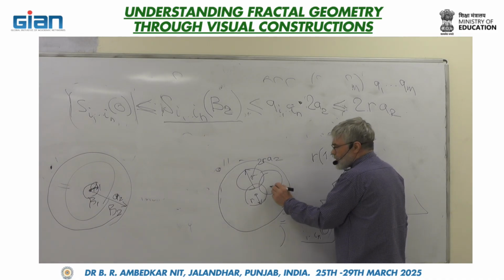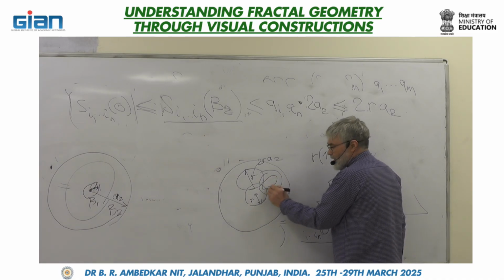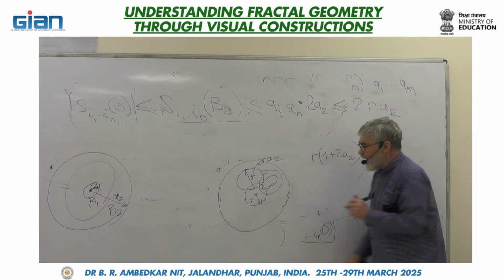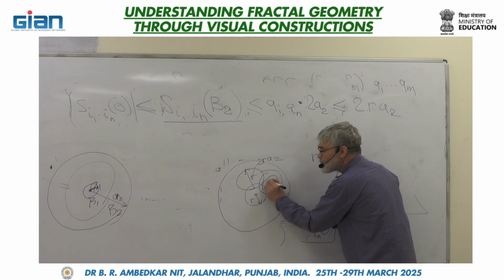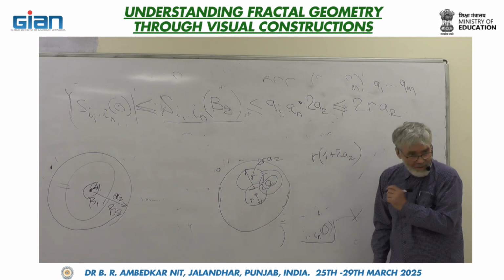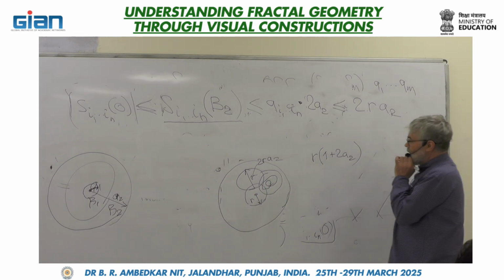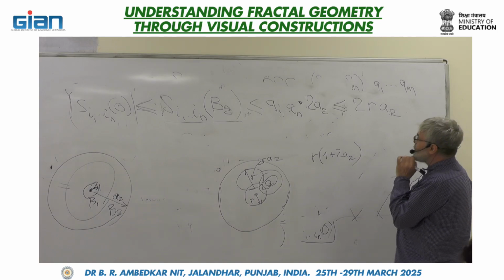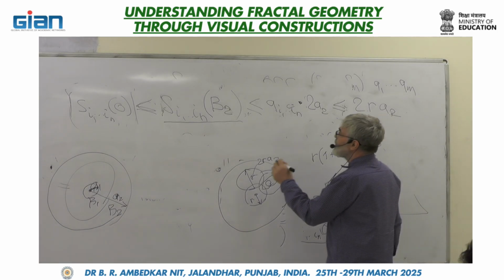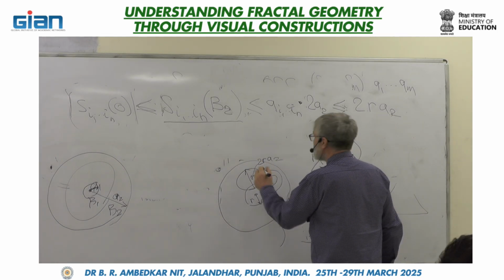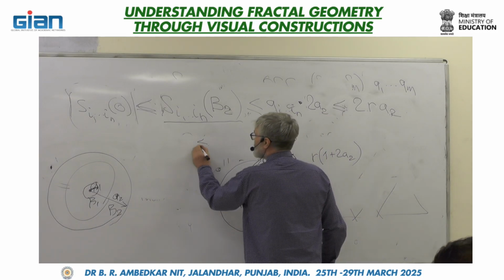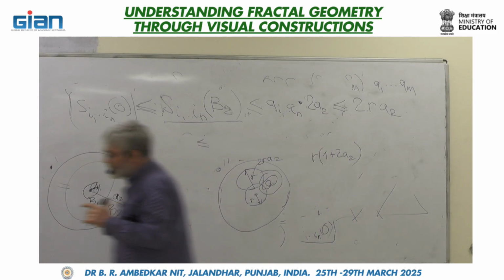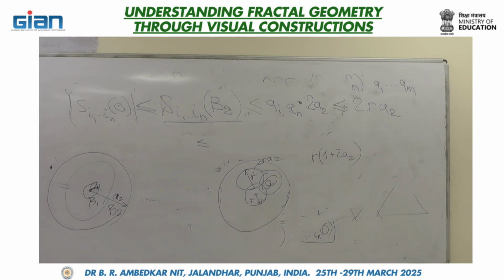But for each ball there is an open set which also intersects R, and it contains a small ball. Yes? And the radius of this ball will be greater or equal than R Q minimal multiplied by A1.